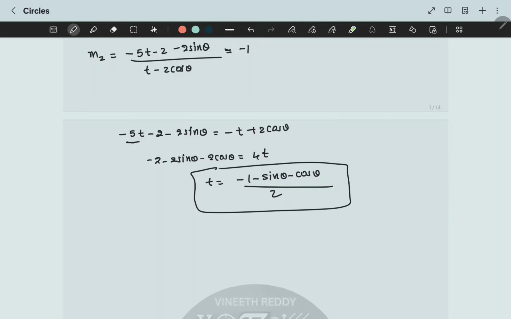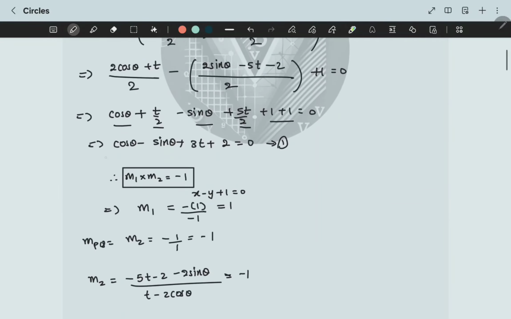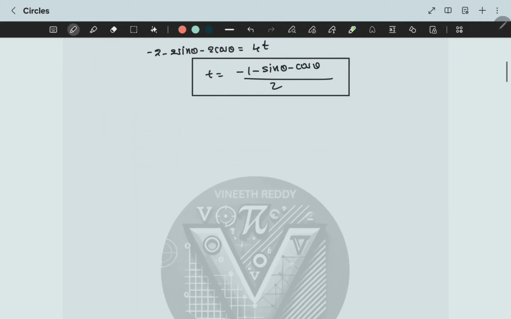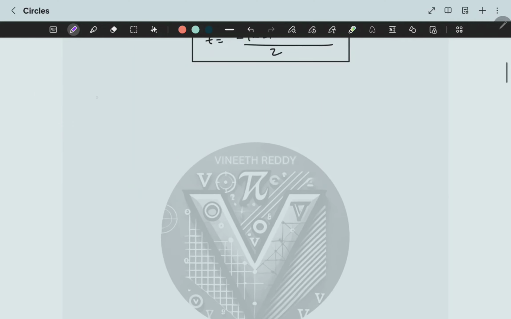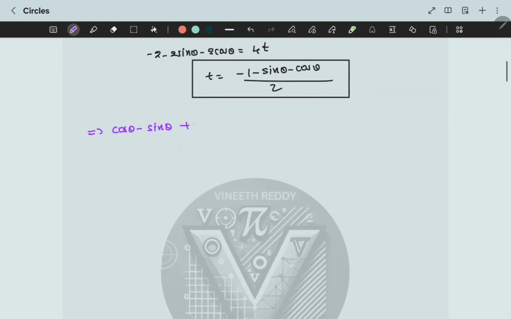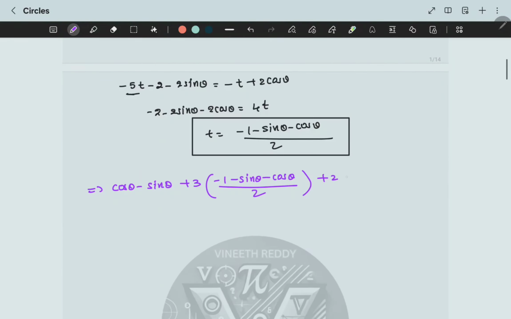So now we will substitute the value of t in equation 1. What is equation 1? Equation 1 is here. So cos theta minus sin theta plus 3t plus 2. So we have cos theta minus sin theta plus 3 into minus 1 minus sin theta minus cos theta divided by 2 plus 2, equal to 0.